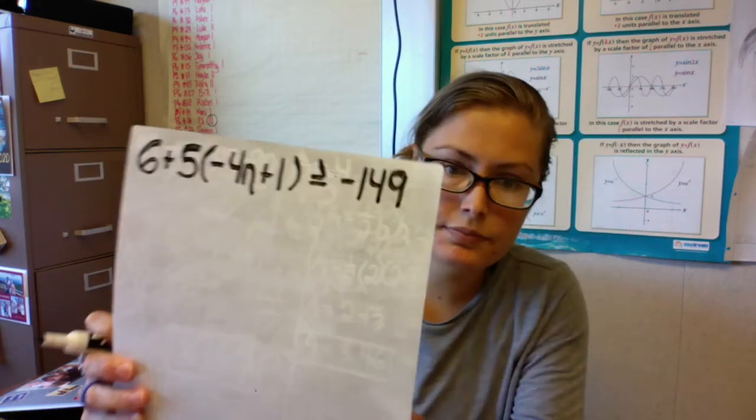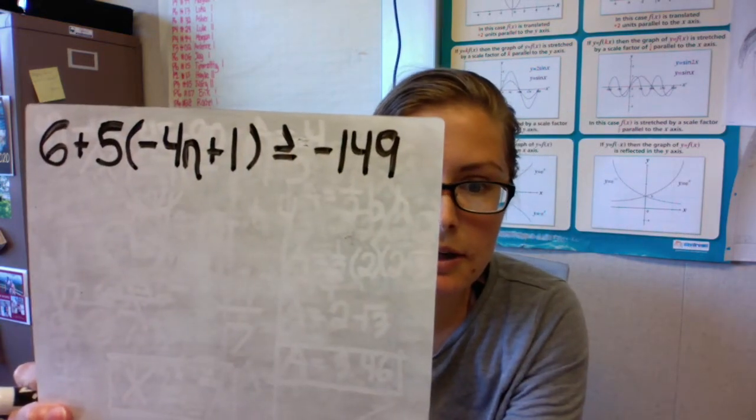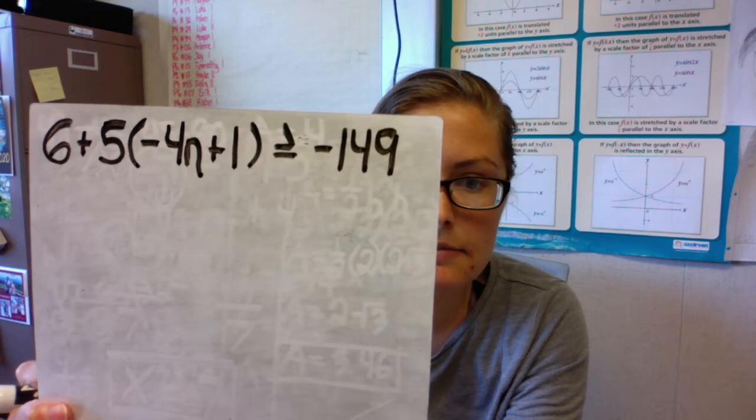Okay, next one. We have 6 plus 5 times the quantity of negative 4n plus 1 is greater than or equal to negative 149. We're going to start by subtracting 6 from both sides.